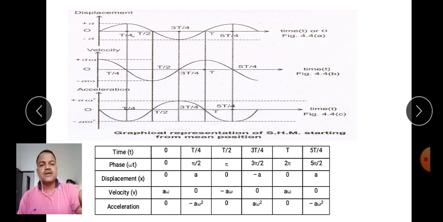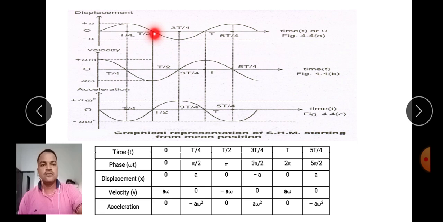By using these values, we draw the similar graph. So first displacement is equal to 0, then the particle goes to positive A at the pi by 2 value. Then at the pi, the particle goes to 0 displacement.